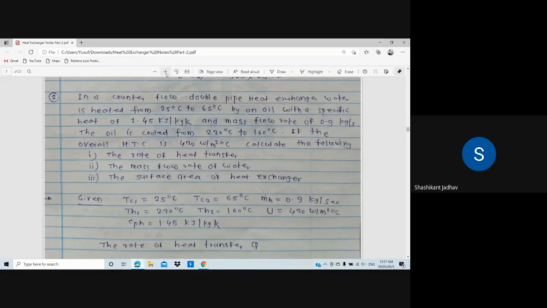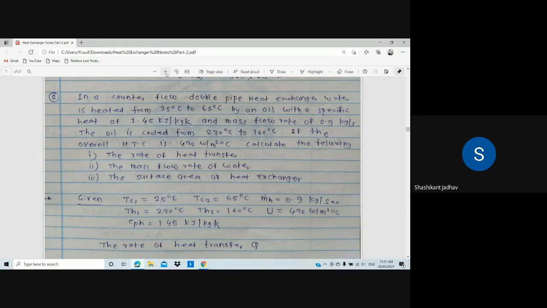Second, the mass flow rate of water. And third, the surface area of heat exchanger.